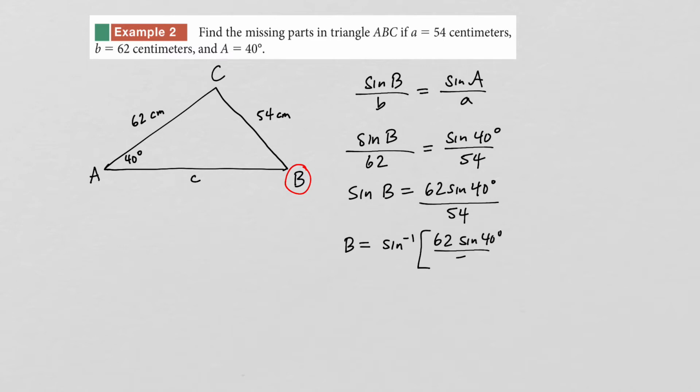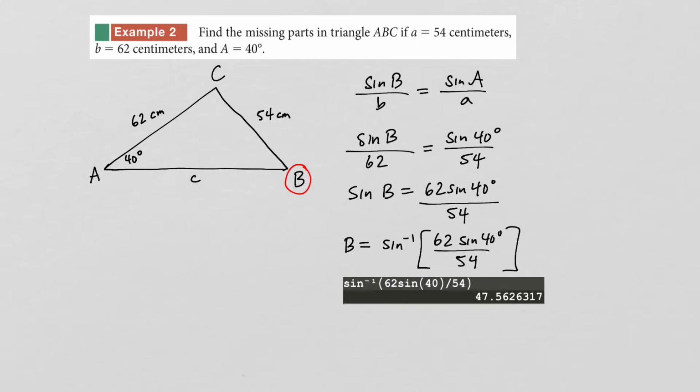And now we just need to take this quantity and plug it into a calculator. So you can see when you plug this into a calculator, you get approximately 47.562 degrees. So we're going to say approximately 48 degrees because we are rounding this to the nearest whole degree.